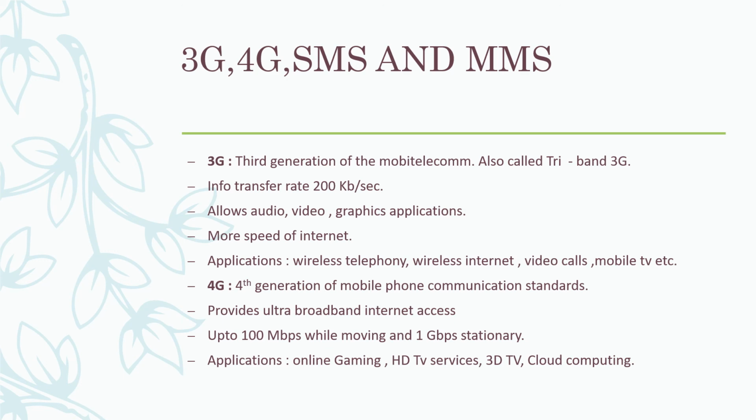Provides ultra broadband internet access. So that is a very high internet speed, up to 100 megabits per second while moving and 1 GB per second stationary. Applications are online gaming, HD TV series, 3D TV series, cloud computing, etc.